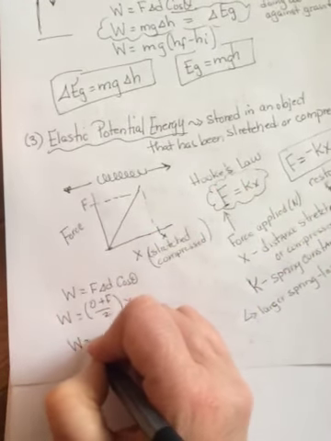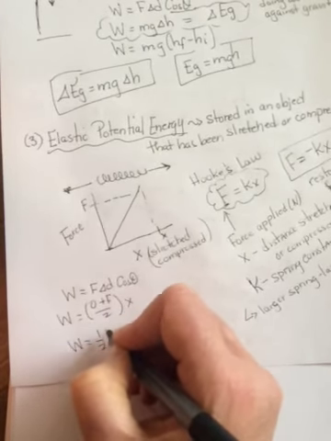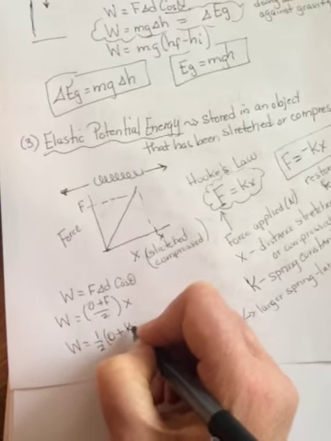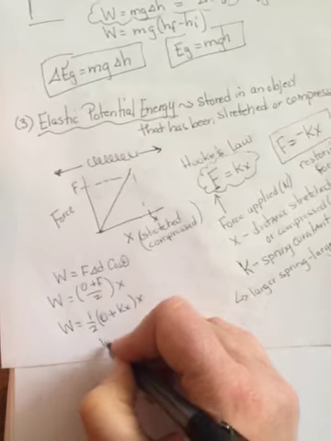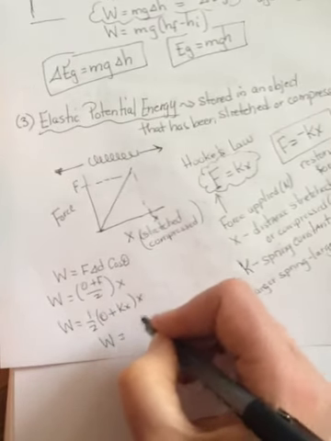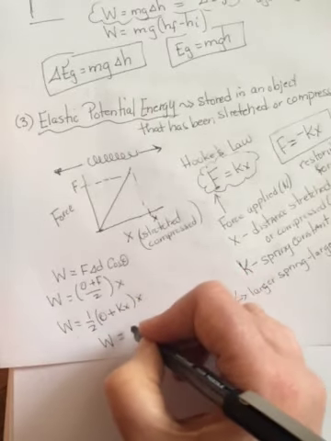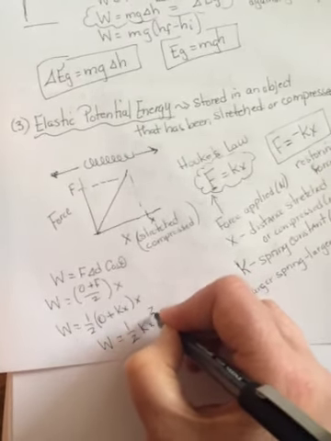So really this would be 1/2, pull that out front, 0 plus F, but F is really kx from Hooke's law. And so we get W is equal to, the first term will be 0. That's going to be your initial, so it'll be 1/2 kx squared.